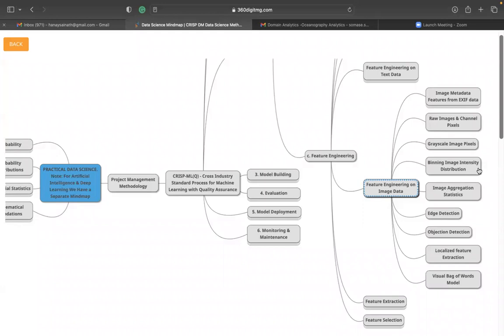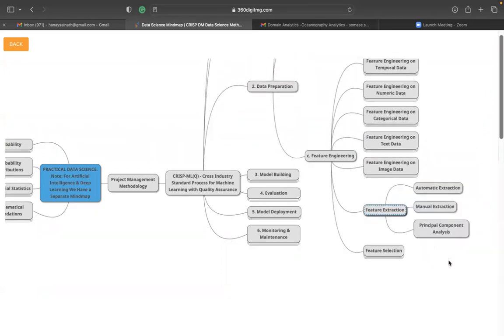Then we have the visual bag of words model. So this was about image.